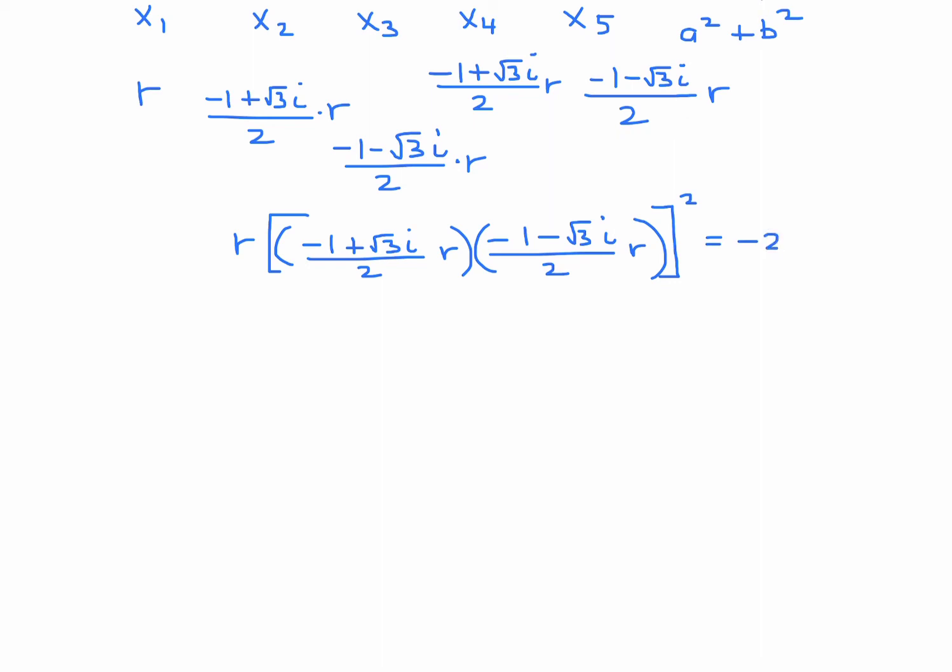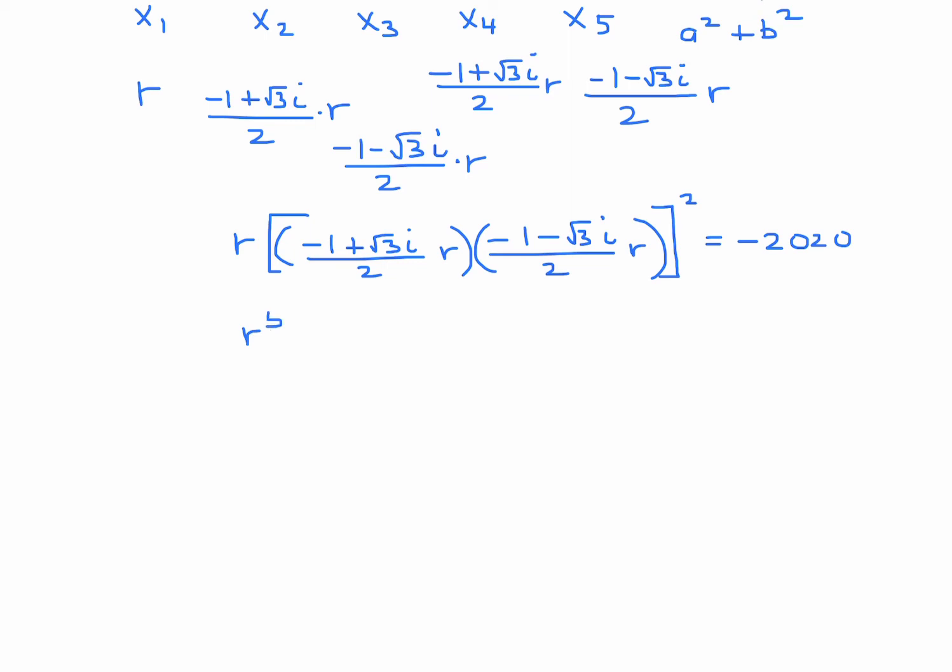And that is negative 2020. Okay, let's do this math. This r times that r is just going to be r squared. So that's going to combine with this to give r to the power of 3. And then we've got to square it again, because this and this have to now be squared. So it's actually r to the power of 4 with this r. So it's actually r to the power of 5.